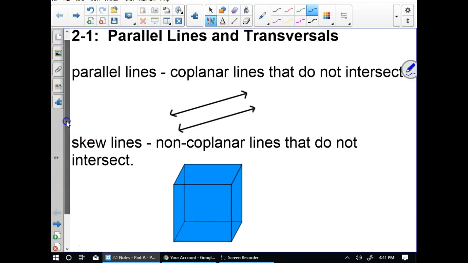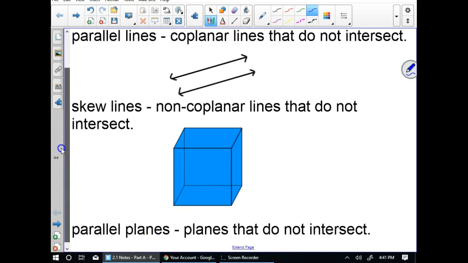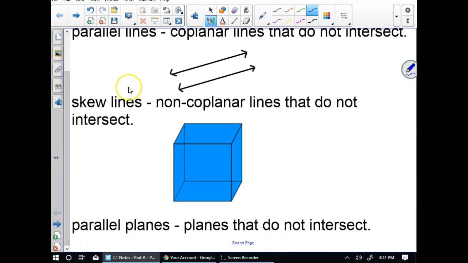Skew lines are another type of line that do not intersect. Skew lines, for example, could be the top edge of this cube and then the bottom front edge of this cube.